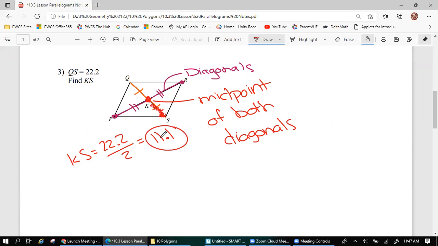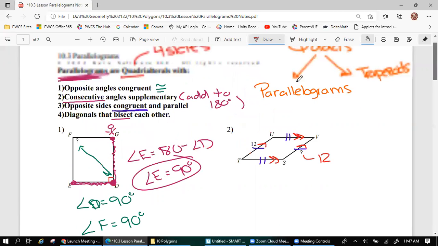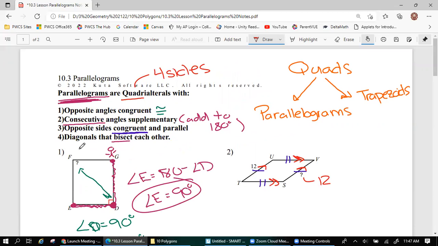So we can use these properties as we have for basically the whole year to find missing pieces. We can find missing angles, missing side lengths, missing pieces of diagonals, just by applying these four properties. So these four properties are probably really important to write down.